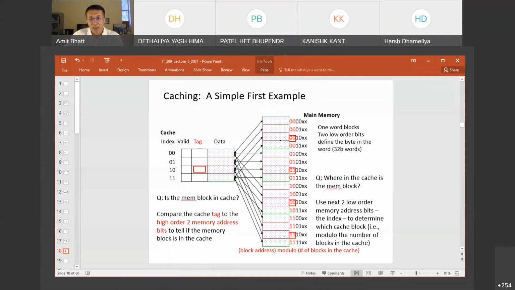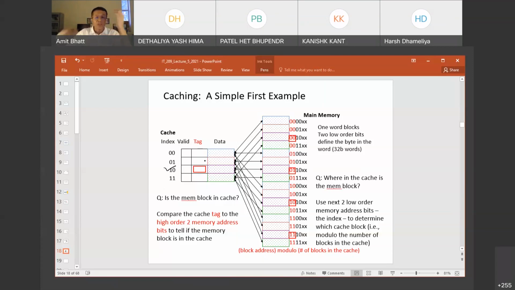If you have this address, so that index is 10, then it can sit here. This one's index is 10, that means this can also sit here, this can also sit here, and this can also sit here. The only thing different would be the tag. So if there is some data at index 10, you can't say for sure that it is 0010. It could be 0110, it could be 1110. So for that, you need to match the tag.